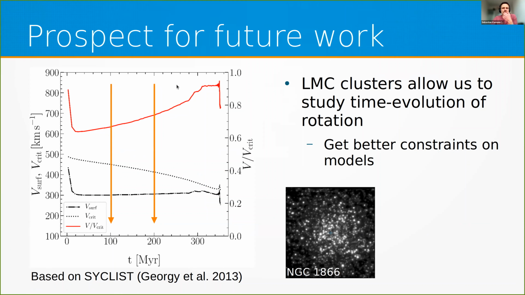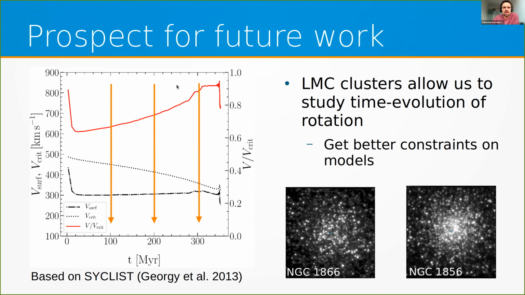But the other clusters in the sample, like NGC 1866, which is 200 million years old, and NGC 1856, which is 300 million years old, allow us to probe these model predictions at different times of the evolution of the stars. And then we can really check whether the rotation velocity of these stars, for example, stays as constant as predicted by the models. So this is something that I'm really looking forward to doing in the coming months.